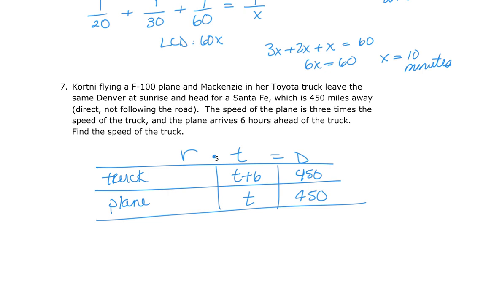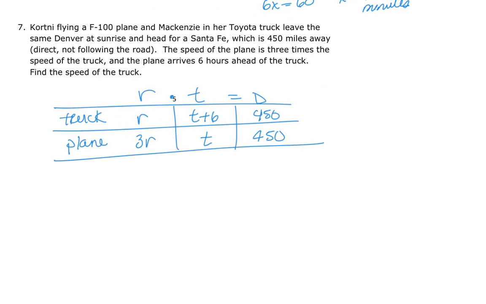The plane is 3 times the speed of the truck, so R is the truck, and 3R would be the rate of the plane. So what I have is R multiplied by (t plus 6) is 450. Simultaneously, I have 3R multiplied by t is 450.